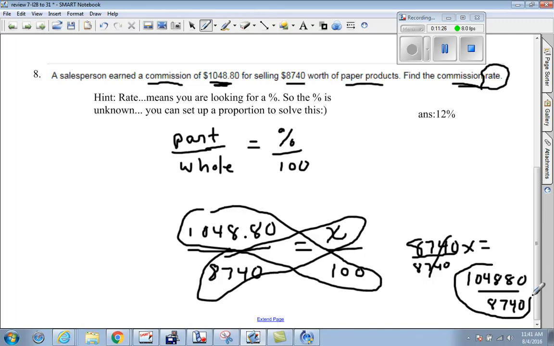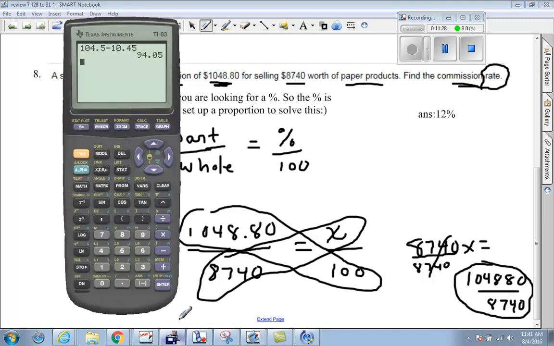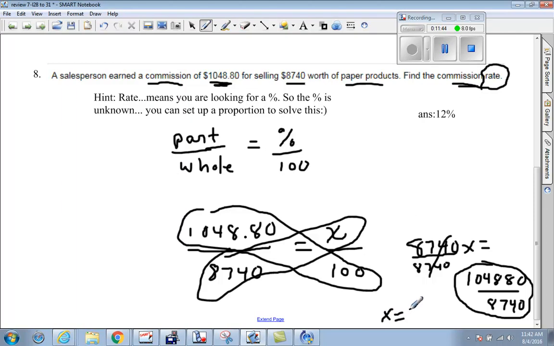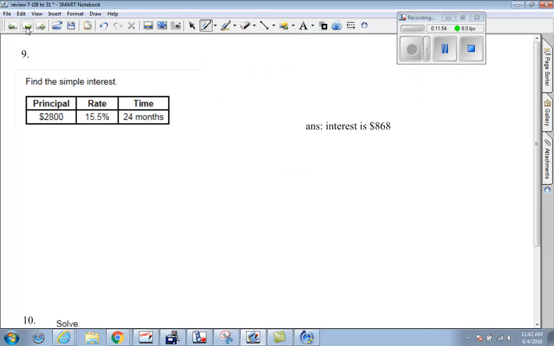But we can let the calculator do that for us. So 104,880 divided by 8740, 12. And voila, x equals 12. And so 12 is that commission rate, or that commission percent. Okay? All right, moving right along, let's head into number 9.